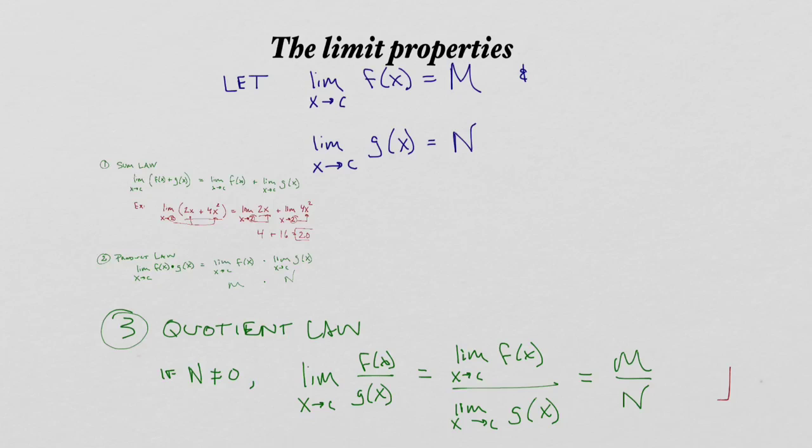And here's what the quotient property says. If we have the limit of the quotient of two functions, f of x divided by g of x, it equals the limit of the top function divided by the limit of the bottom function, which in our case is m divided by n. Now again, this is particularly useful if we know this function and we know this function separately, and we can then combine them in this way.